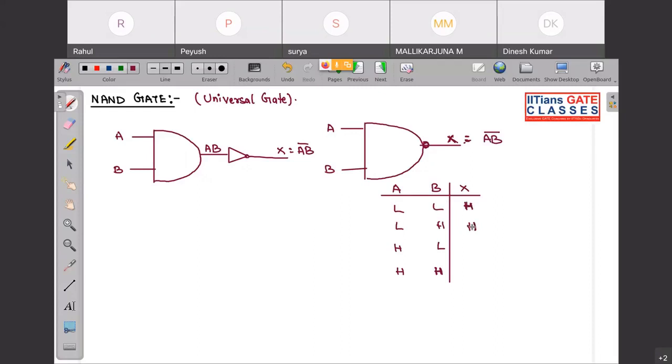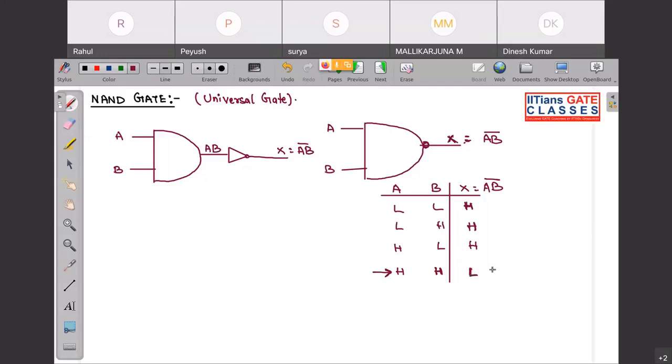This will be also high. This will be also high, and this will be low. Okay. So basically, if you have to define NAND gate, it is a gate which has output low when all the inputs are high. You can see, if any one of the input is low, output will be high. You can see over here, if any one of the input is low, output is high. For the output to be low, all the input should be high.